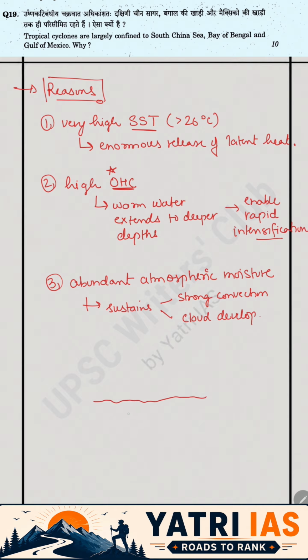If this is a warm ocean and the temperature is high over here, these create low pressure zones here, and convection takes place. And with these convective currents, with moisture in the air and humidity, you see cloud formation. And with the effect of Coriolis force, you see cyclone formation. So that is how a tropical cyclone develops.